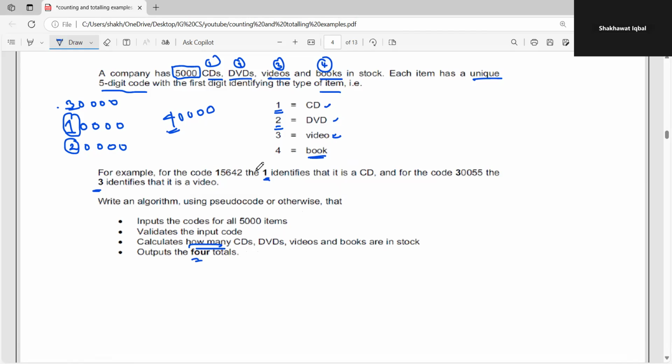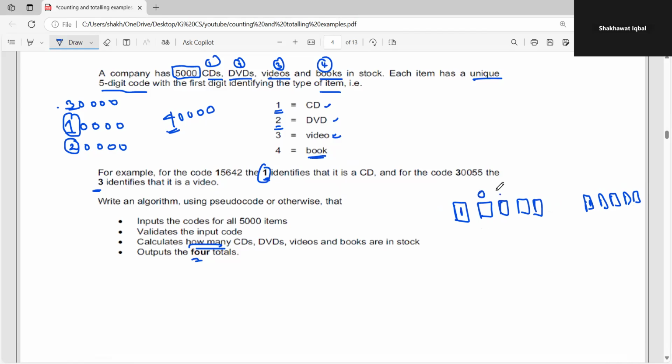So here some mathematical thing that we need to remember: the code is a 5-digit code. As you can see here, the first digit is fixed. So here it should be 1, here also 1. So what is the lowest number using a 5-digit code, but the first digit is 1?